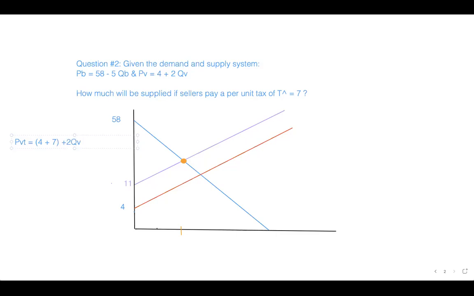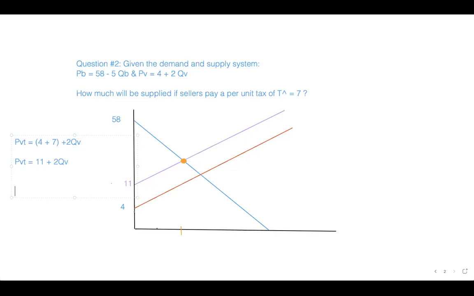We can call it QS or QST, it doesn't matter as long as we're clear about what we're trying to illustrate. Does that make sense, Wombly? Yes, that makes so much sense. I just added the tax, and since the tax is a constant, it just affects the intercept term.